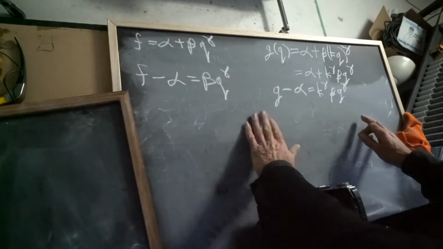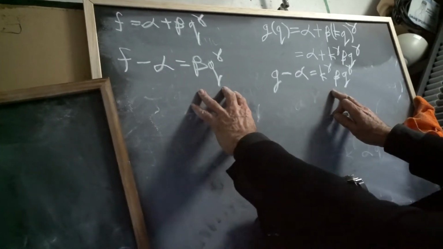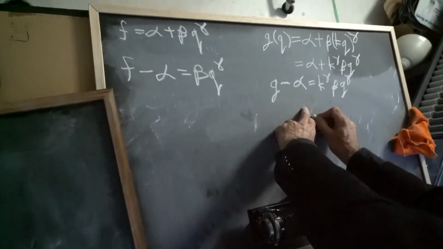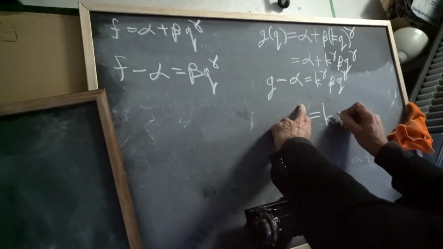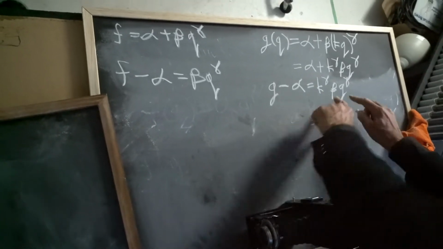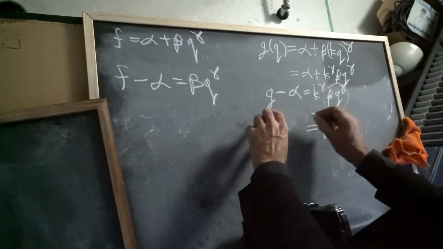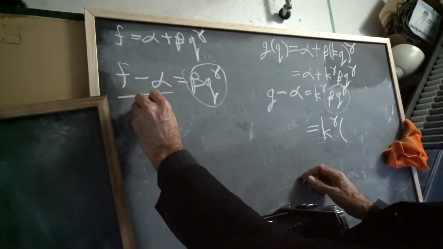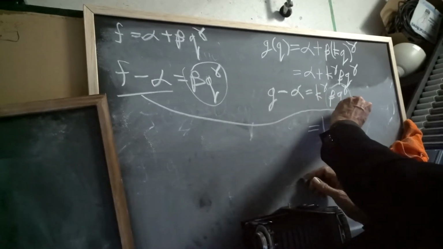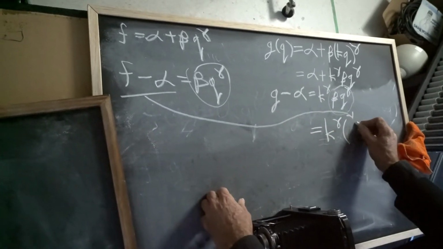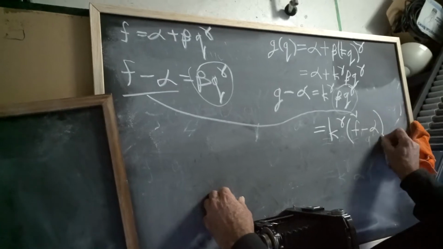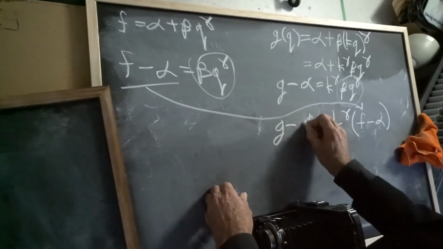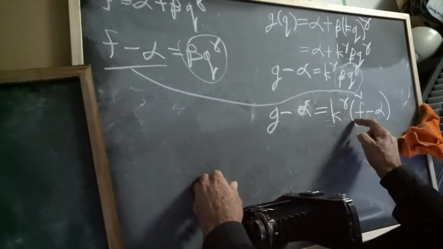We can see there's a pattern here that's pretty similar, pretty obvious. This is just k to the gamma times f minus alpha. So I've got g minus alpha equals k to the gamma times f minus alpha.